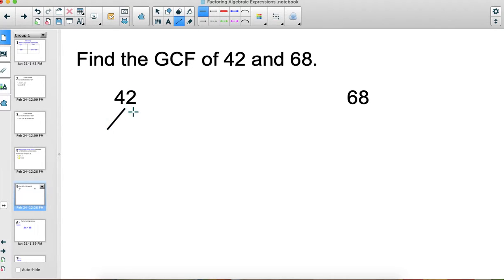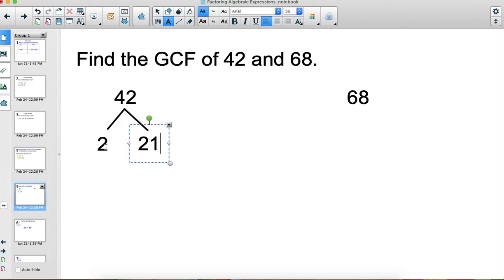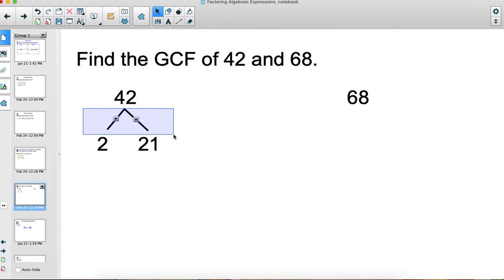It's even, so I know that 2 times 21 would work, right? It's 2, 21. Now 2 is prime. It can't be broken down. 21 is composite, so I could break 21 down. What are two numbers that multiply to get 21? Well, that would be 3 and 7.